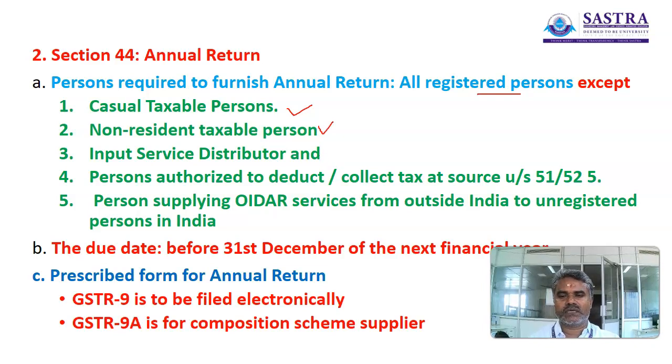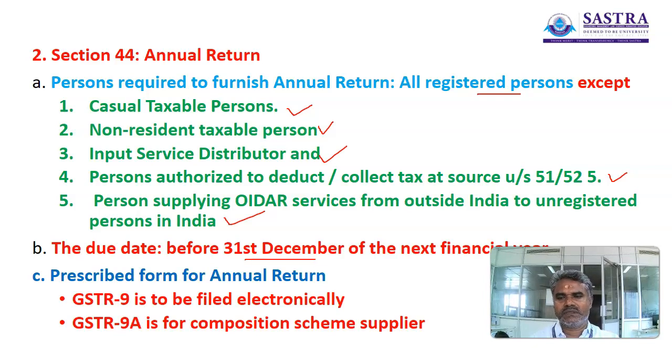Input service distributor, no. Persons authorized to deduct and collect tax at source, no. Persons supplying OIDAR, online information and database access services from outside India to unregistered persons, no. Unregistered person in India, no. So all the above 5 persons, they need not file annual return to the government. They have to file only, I think, quarterly return or monthly return. Okay, good. The due date is before 31st December of the next financial year.